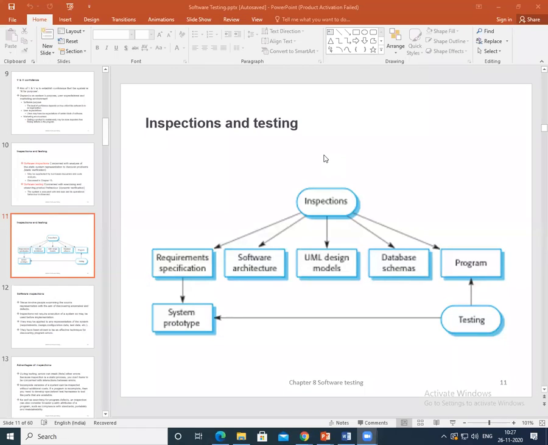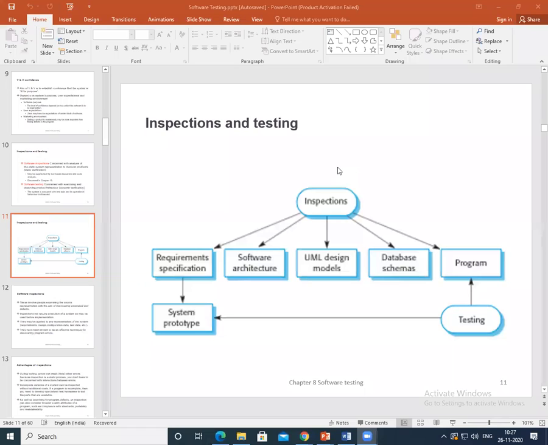There are three advantages of software inspection over testing. To understand the correct meaning of inspection: inspection focuses on the source code of a system, not on the system requirement, or it may focus on the design of a model.